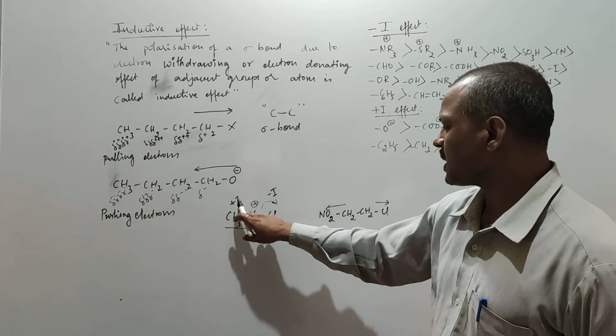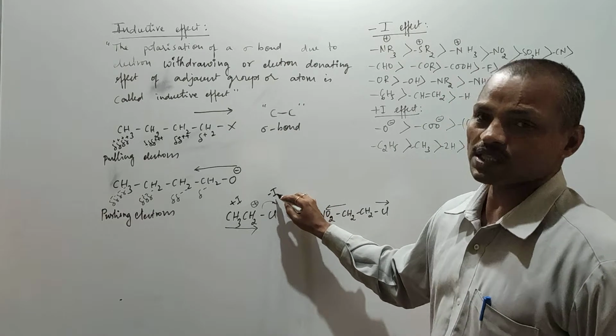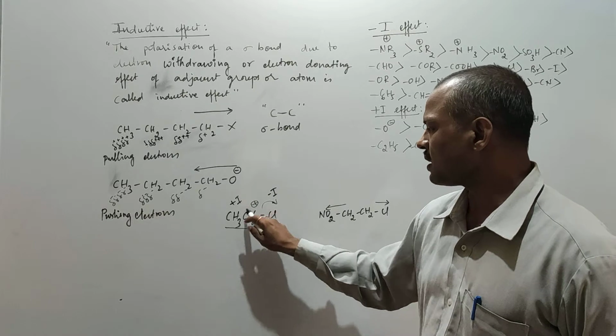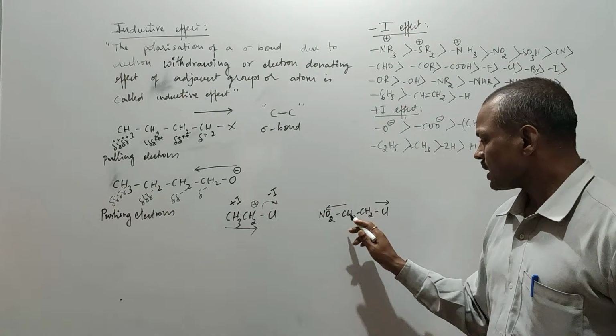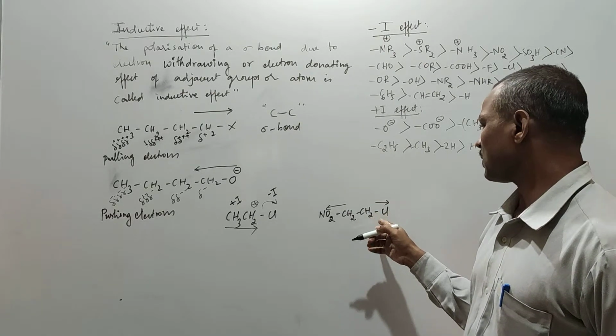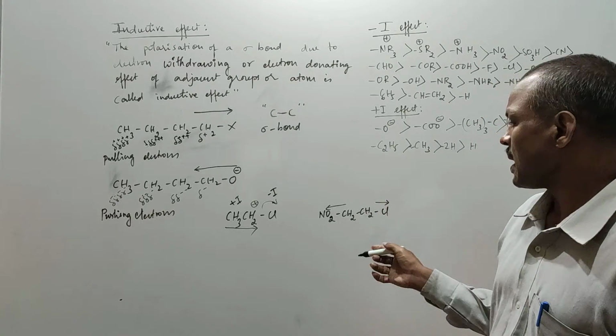The chloride takes up the electron from the alkyl group, so it becomes electron rich, hence negative. The shortage of electrons is seen in the alkyl group, hence it is positive. So here the detachment is very less.